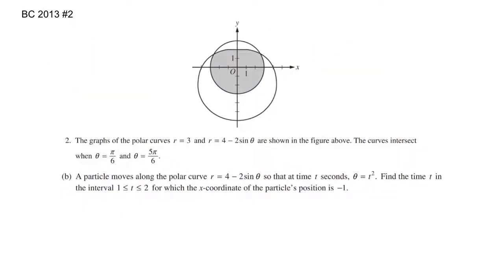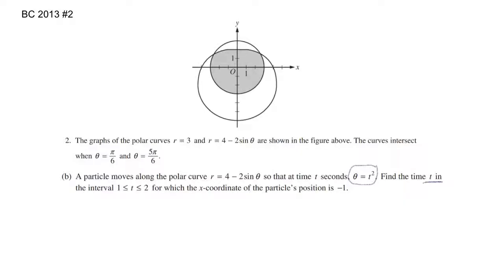Okay, for the next part of this problem, we have part B, and in part B, it tells us that a particle moves along the polar curve r equals 4 minus 2 sine theta, so that at time t seconds, theta equals t squared. I have a feeling that's probably going to be an important part, so I'm going to circle that.